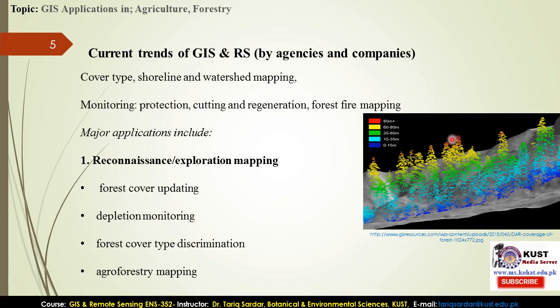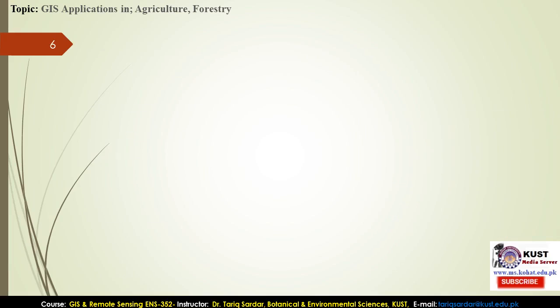If you monitor it with updated curve monitoring and mapping, it will give you an assessment of how much forest is being depleted, how much is being cut, or how much is giving better growth in that area, on the spatial data available for that area and time. The agricultural forestry based mapping can also be done in that way.